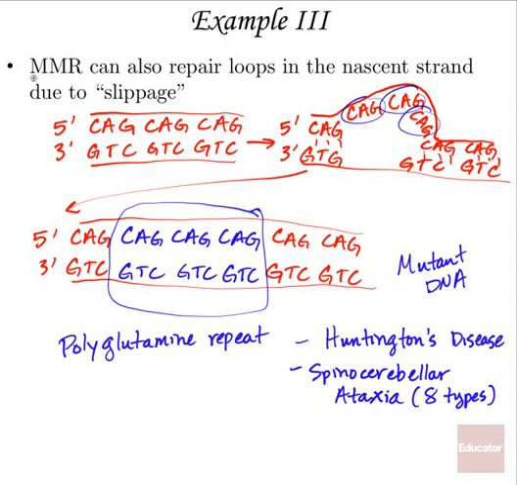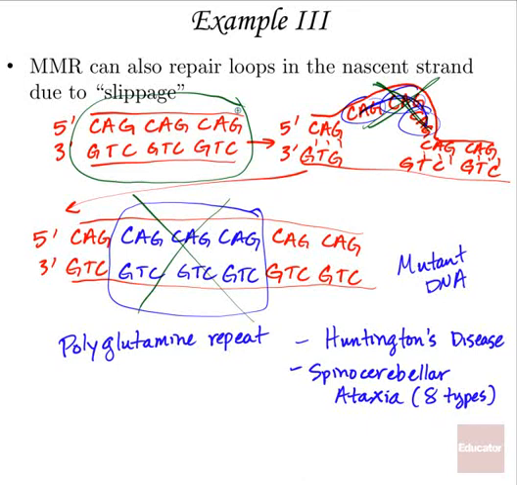So we have mismatch repair hopefully being able to catch this, remove these, right? Hopefully we can remove these so that we don't have the expansion and we just can go back to our original DNA sequence there so that we don't lead to disease. So MMR plays a huge part in that.